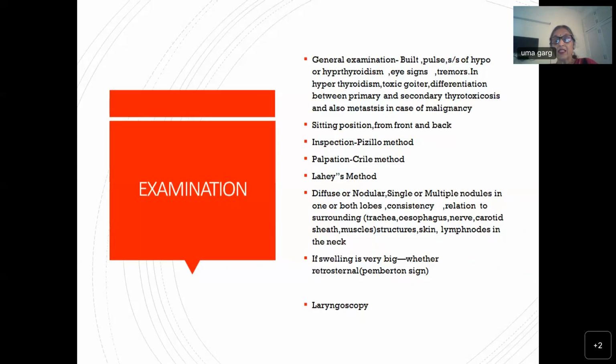And in that case, there will be flushing of the face because of pressure on the thoracic vessels. Then laryngoscopy is done to know the status of the recurrent laryngeal nerve, because the recurrent laryngeal nerve in the tracheoesophageal groove may get involved, and movement of vocal cords will give you an idea about the status of the recurrent laryngeal nerve.